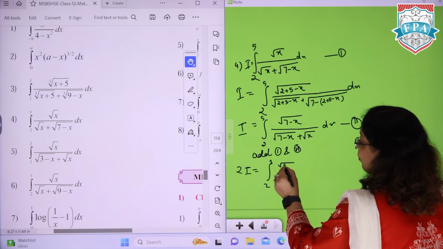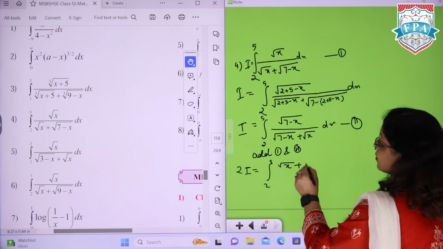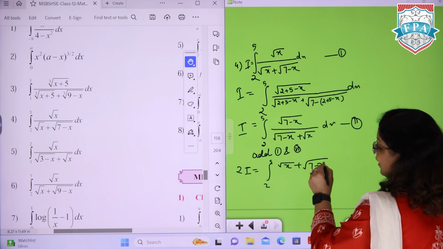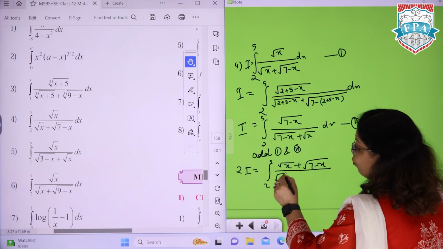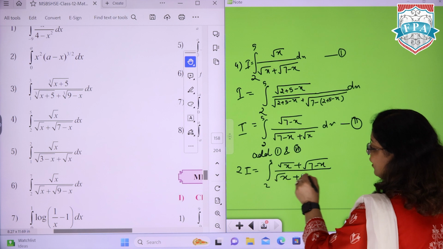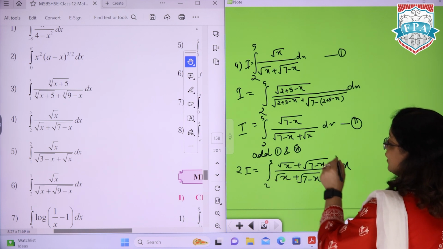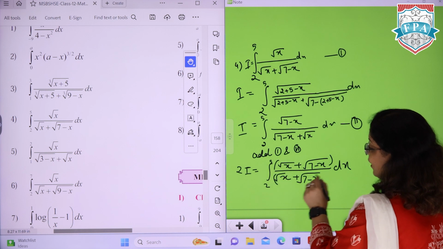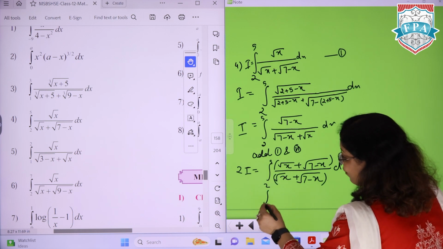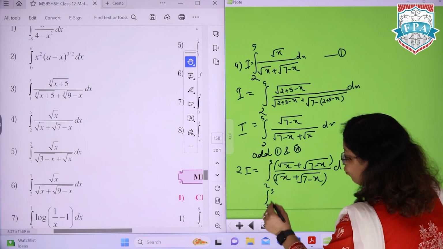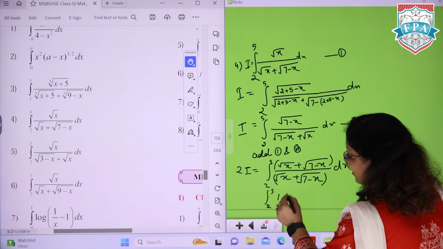Your numerator will become root x plus root 7 minus x upon root x plus root 7 minus x dx. Now you can see that the numerator and denominator both are same. Your answer will become integral 2 to 5 of 1 dx.